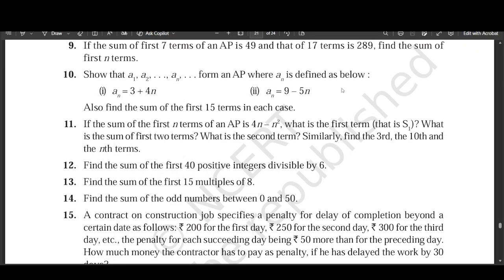Now move to the 14th question. Find the sum of the odd numbers between 0 and 50. So we have to find the sum of odd numbers. The odd numbers between 0 and 50 are 1, 3, 5, up to 49.